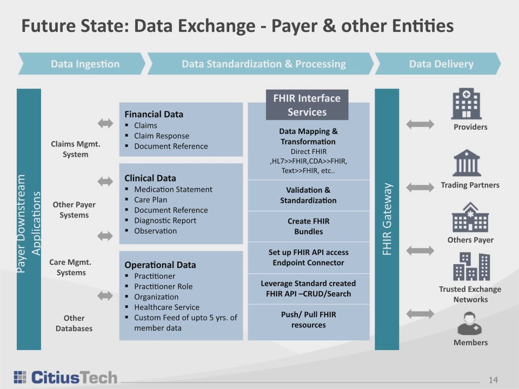This FHIR gateway will be supported by FHIR interface services to transform and standardize multiple varied data formats into one standard form. FHIR interface services would also help in setting up FHIR endpoint connectors through which the bundled FHIR resources, like, instead of PDIs for claim, now we may have a claim response resource, bundled together to exchange via APIs as per the requirement.